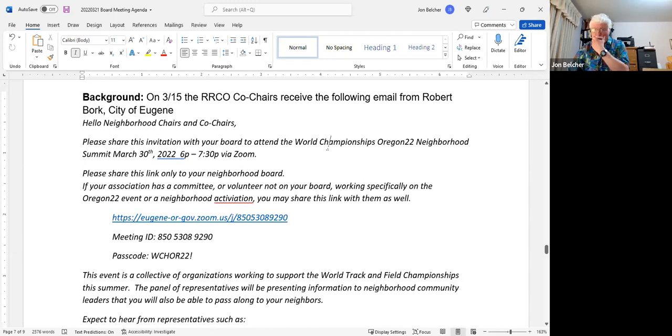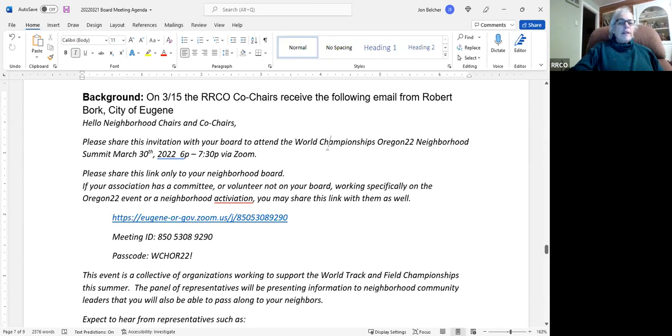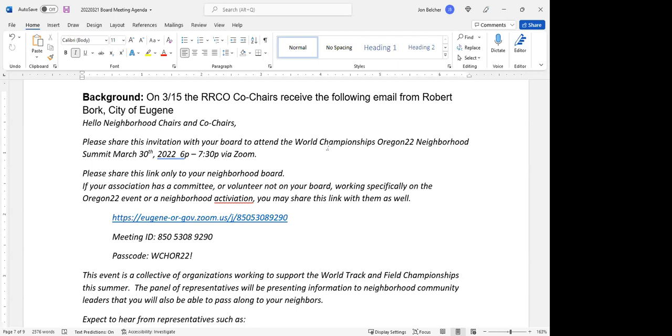Okay, I see hands from Misty, Stefan, and Susan. Yeah, I see this impacting our neighborhood in several ways, but definitely along the bike path along the river for sure, and traffic, definitely.